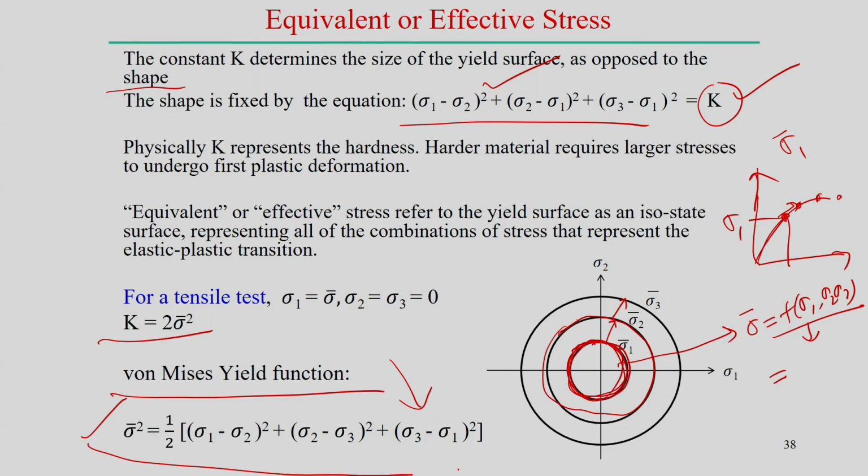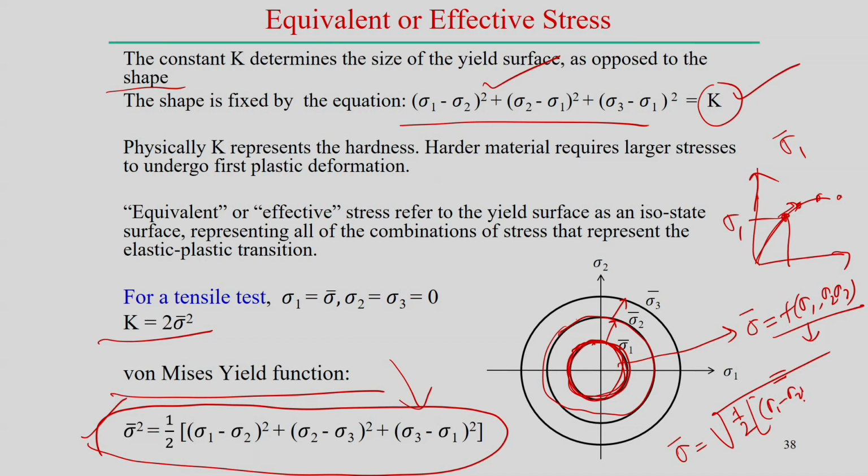This is the yield surface, in the form of sigma bar square, and of course, if we ask what the sigma bar value is, then we can say root over half of all this expression, (sigma 1 minus sigma 2) square.